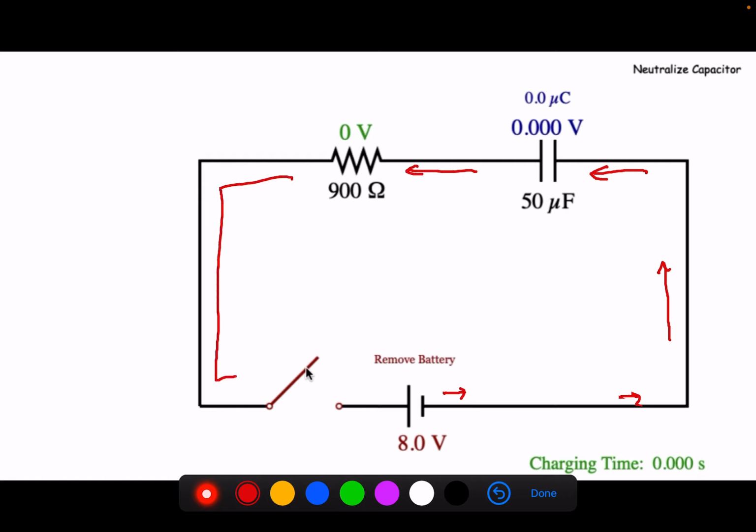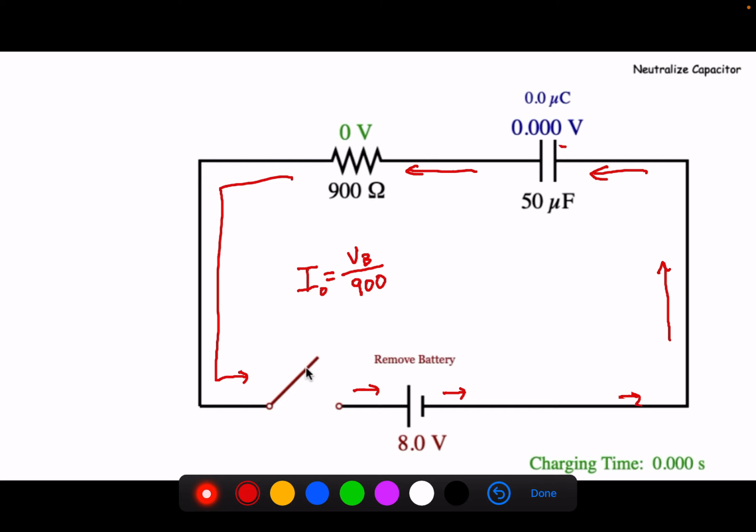Initially, the capacitor offers no opposition to the flow of electricity, and we can find the initial current the same way we did before. We take the original voltage, which would be the battery voltage, and we would divide by our resistance, so in this case, 900.